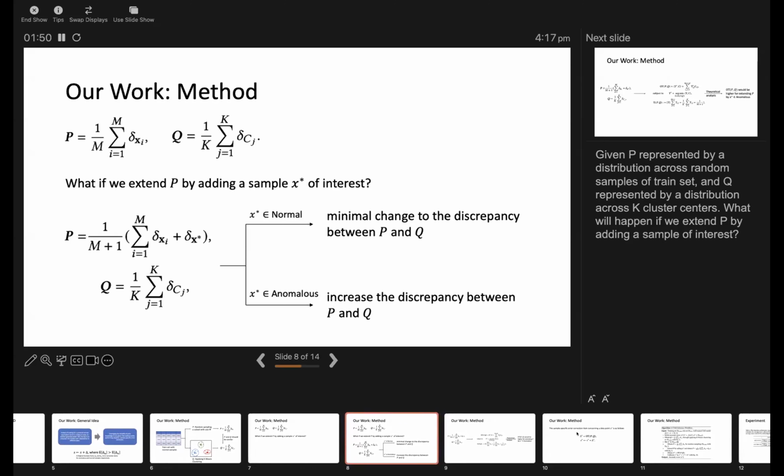We assume that if X star is from the normal category, it will result in minimal change to the discrepancy between distributions P and Q. In contrast, if X star is from the anomalous category, it will increase the discrepancy between distributions P and Q more than if we extend P by X star from the normal category.